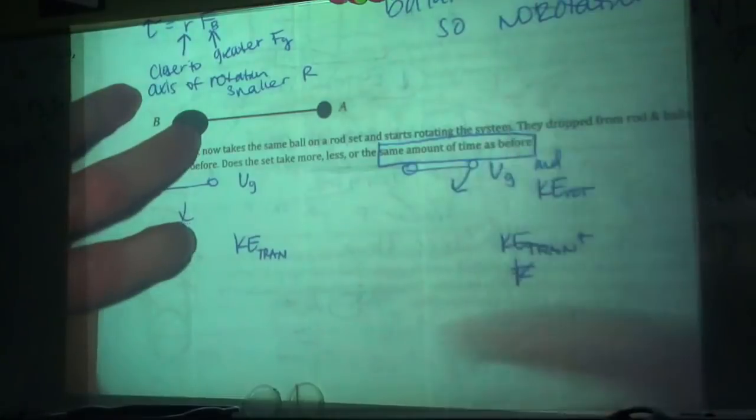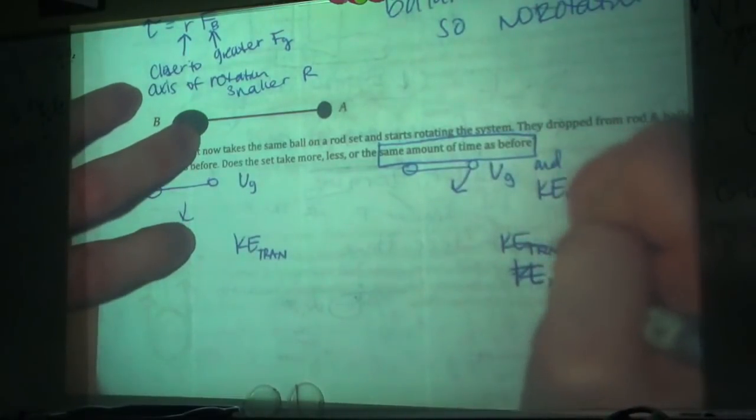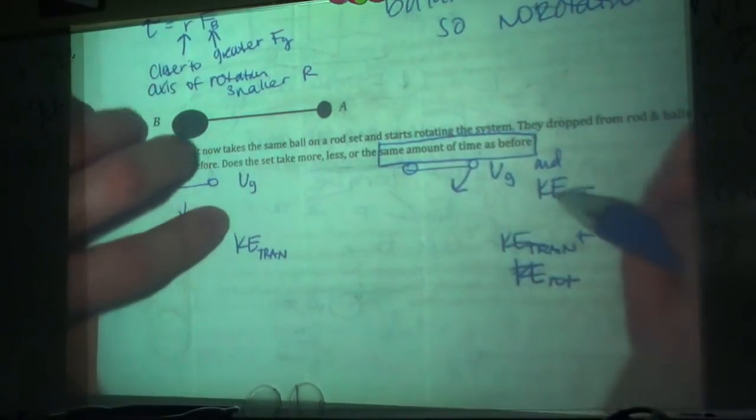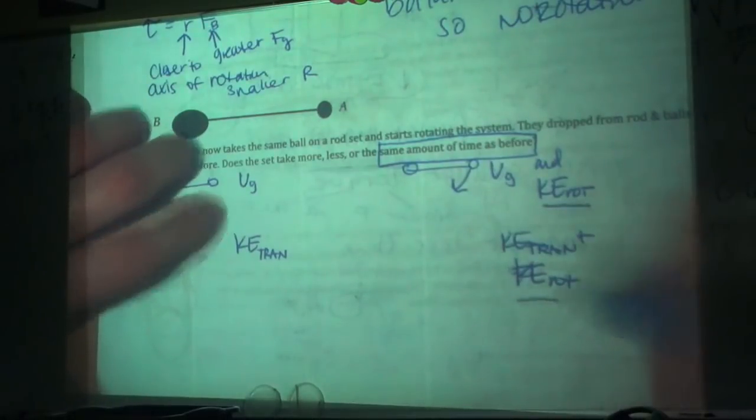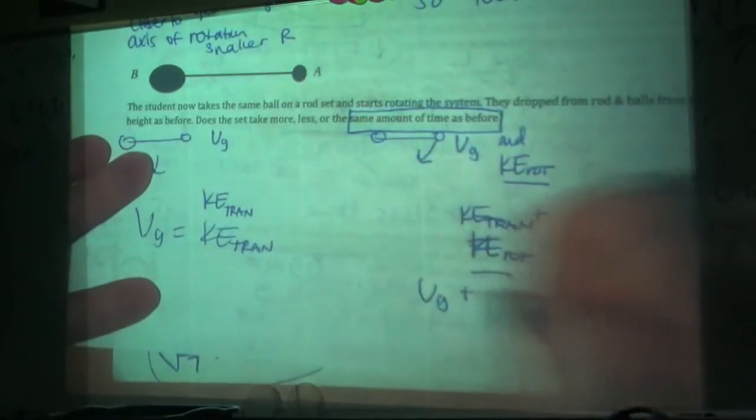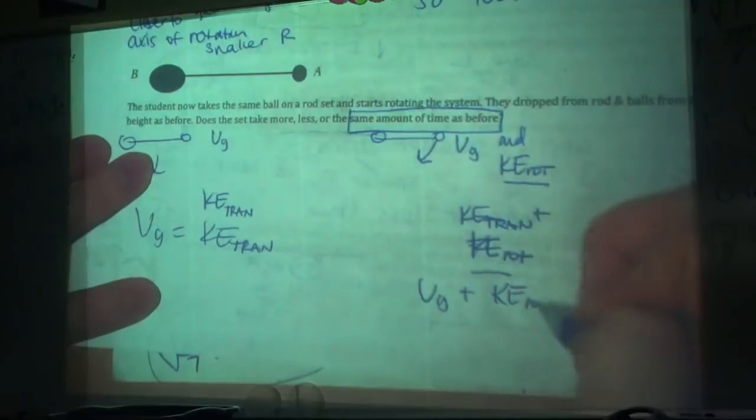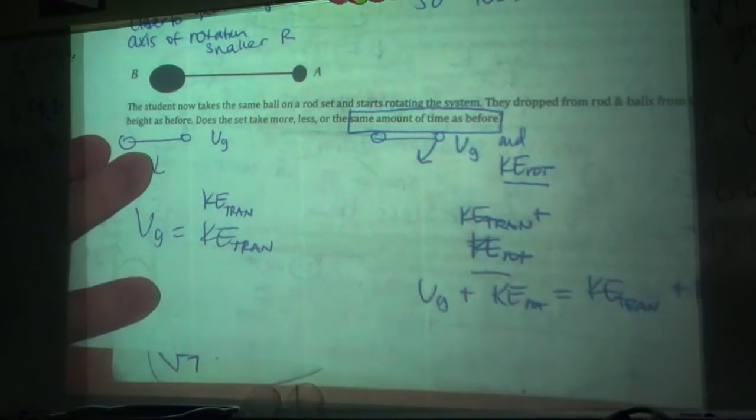It's accelerating down with gravity. The difference is that I also have these two terms, but when you set it equal, you're going to have UG equals KE translational, and then here UG plus the KE rotational equals KE translational plus KE rotational.